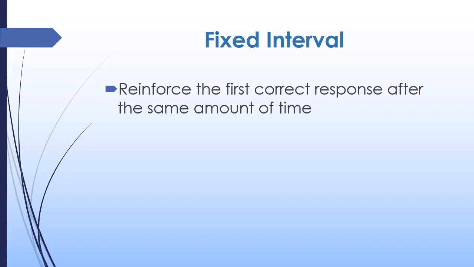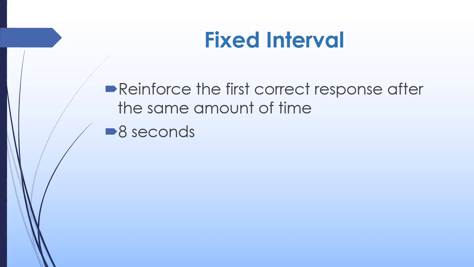So let's say your interval is 8 seconds. It does not matter what that rat does in those 8 seconds. The rat does not get reinforced until the first time he presses the lever after 8 seconds is up. After 8 seconds is up, he presses the lever, then you start timing again.